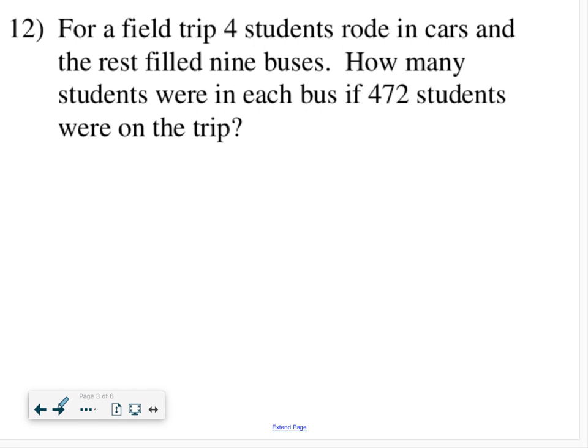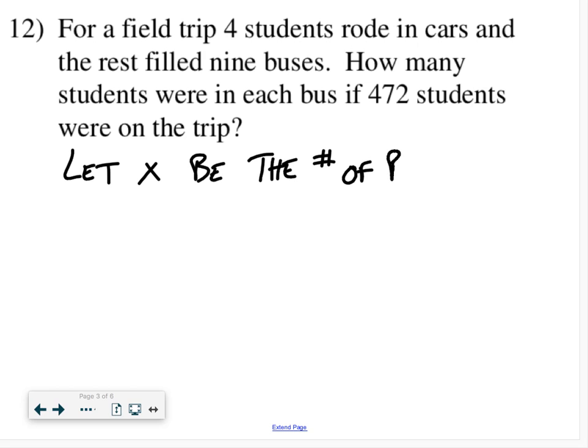Looking at this question: for a field trip, 4 students rode in cars and the rest filled 9 buses. How many students were in each of the buses, if we had 472 students in total? Let x be the number of bus students. There are a couple different ways you could do this.